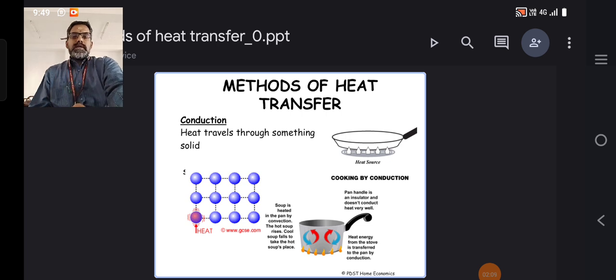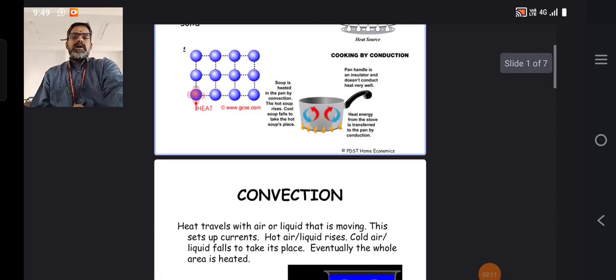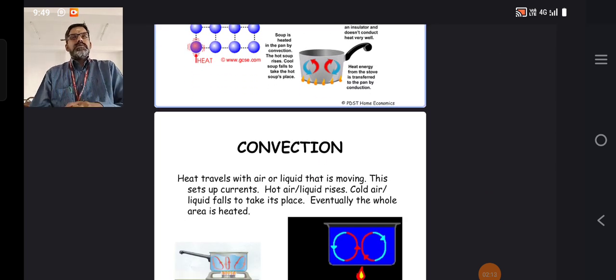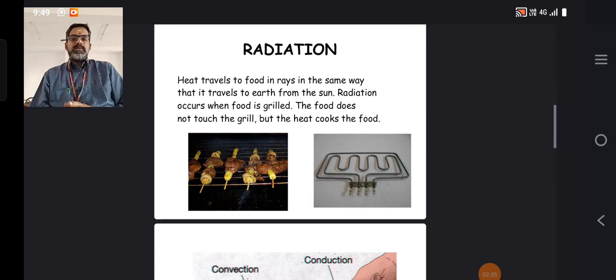The second one is convection. Convection is transfer with air or liquid that is moving. Basically, the whole area of convection is heated. The third one is radiation.